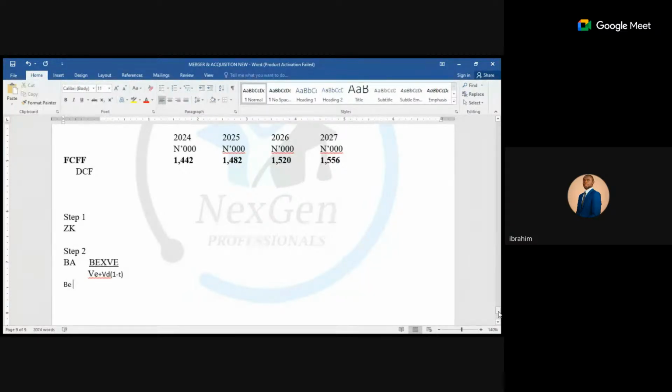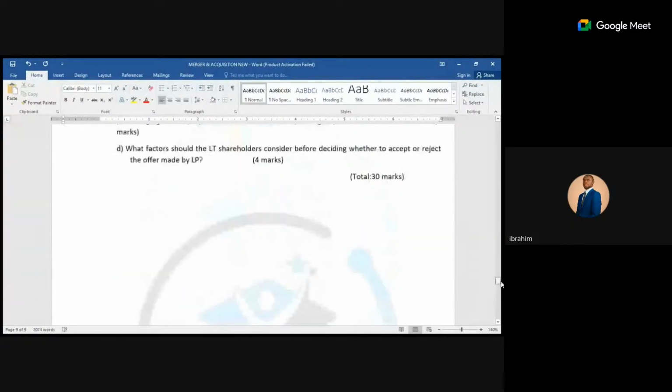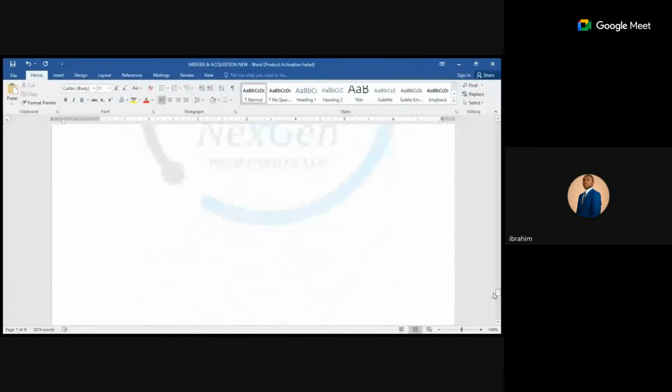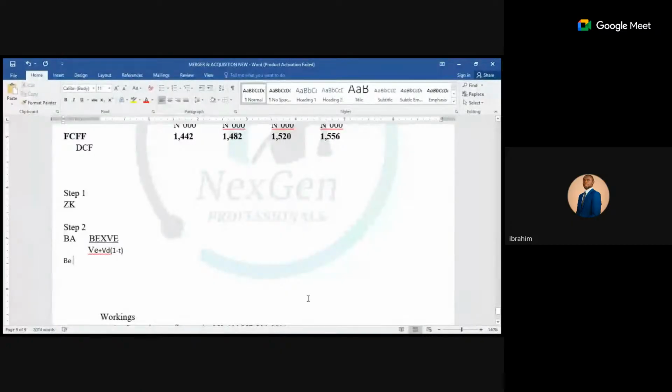Equity beta of the proxy company: 1.5. Then the tax rate: 25%. So the level of gearing: 1:3, debt to equity.